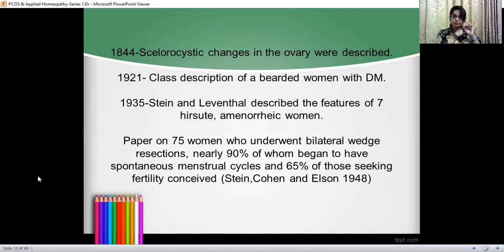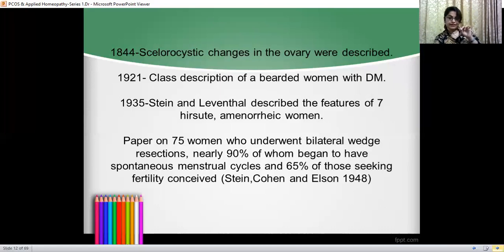A paper on 75 women who underwent bilateral wedge resections, nearly 90% of whom began to have spontaneous menstrual cycles and 60% of those seeking fertility conceived. So later on, a paper on 75 women was given who underwent bilateral wedge resection, which is also called an ovarian puncture, where 90% of the women began to have spontaneous menstrual cycles, whereas 65% of those seeking fertility conceived.